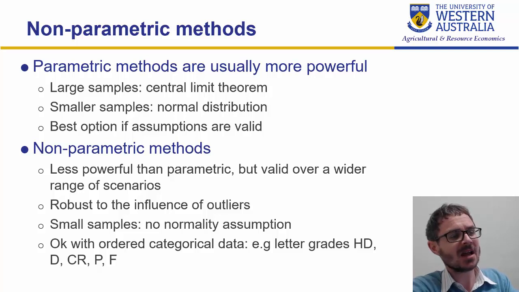Outliers can have a really strong influence on parametric tests. But because with non-parametric tests you rank the data, the influence of the outlier is radically diminished. So if it's the largest value by 1 unit, it gets the highest rank order. So you have 10 observations, for example, and the last observation is 20, say.